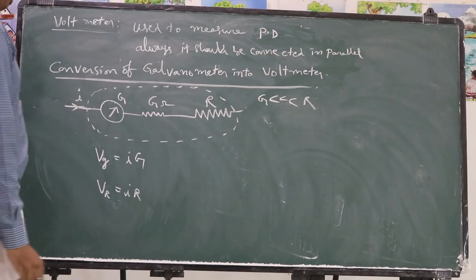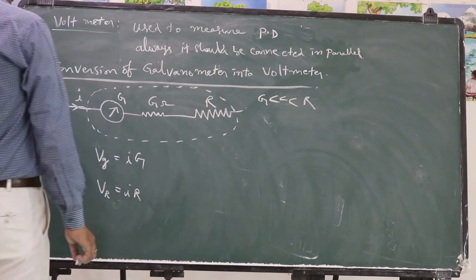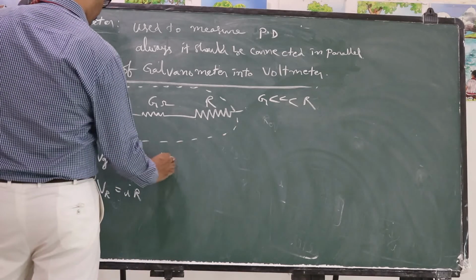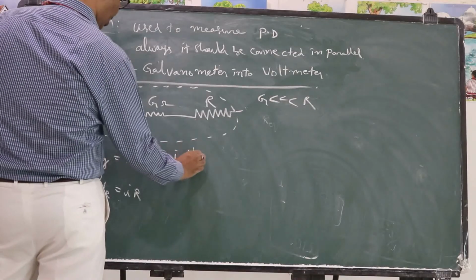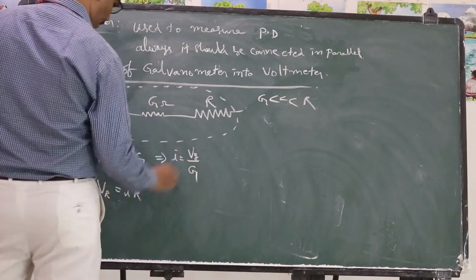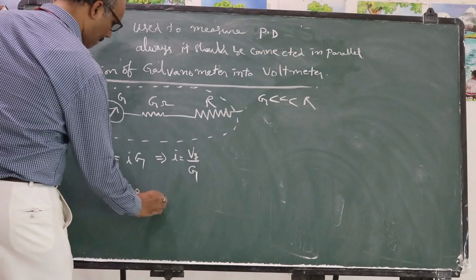Now, I can replace I value from here. I is equal to Vg by G. You substitute it here.